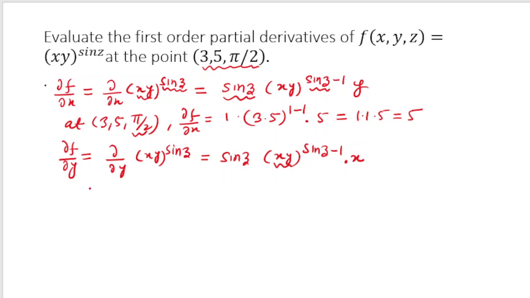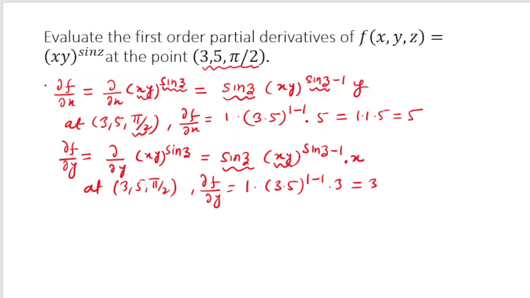So if I take the point 3 comma 5 comma pi by 2, the function value, that is del f by del y, will be what? Sine pi by 2 will be equal to 1, x into y, that is 3 into 5 to the power sine z. So sine z is 1 minus 1, and the x value is equal to 3, so I will get 3.